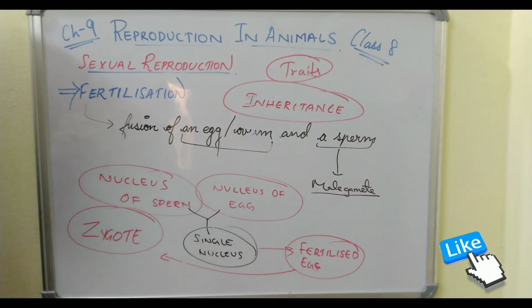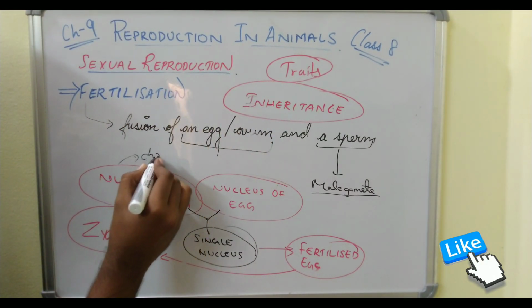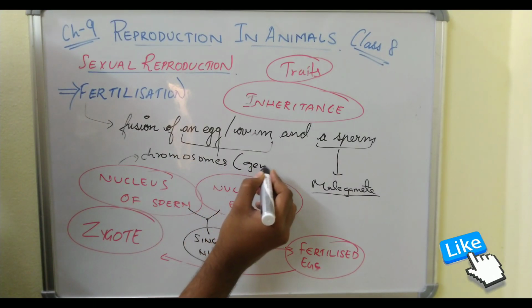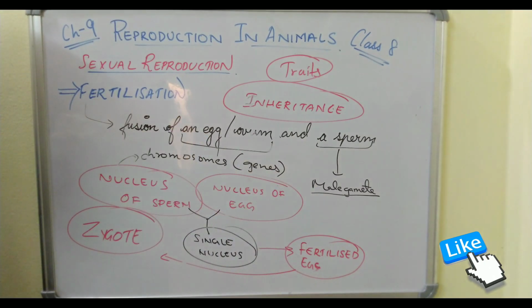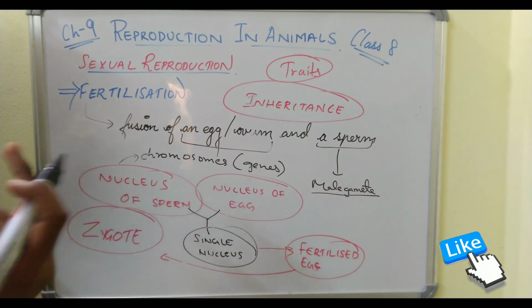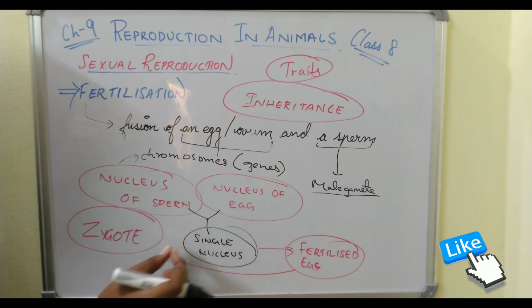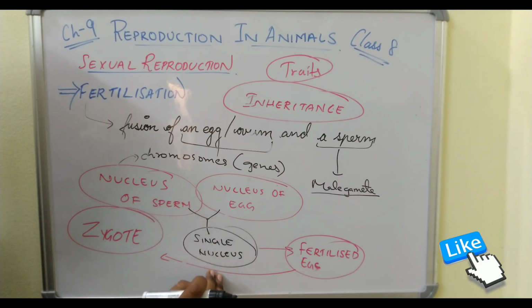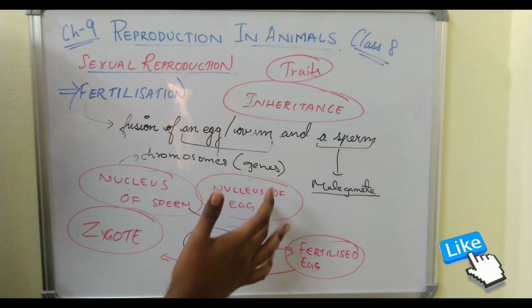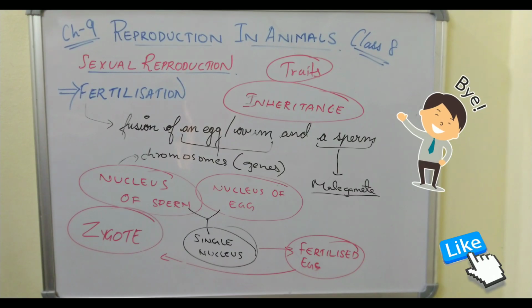So the sperm nucleus will contain some genes, and the egg nucleus will contain some genes, and when they fuse together, some of the characteristics from each will be passed on to the single nucleus. Then the fertilized egg, that means the zygote, will be carrying some traits of the father as well as the mother. That is the basic idea here.